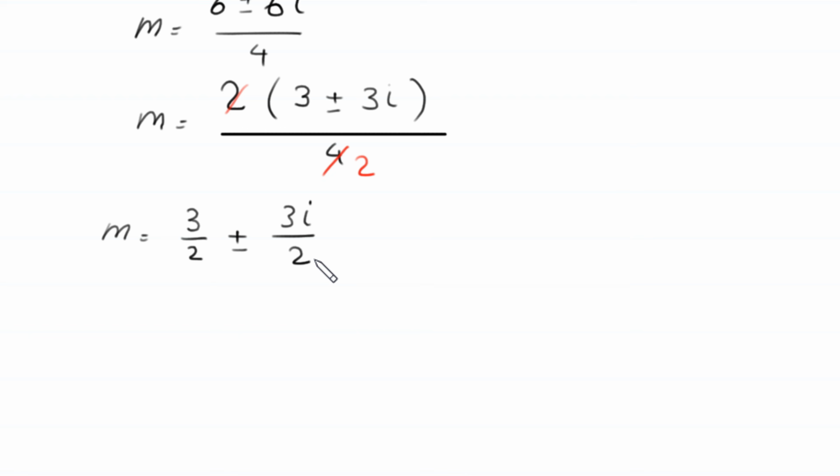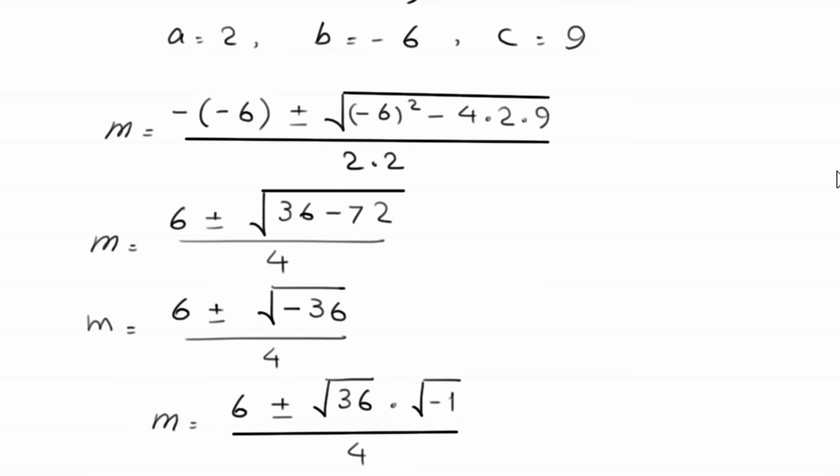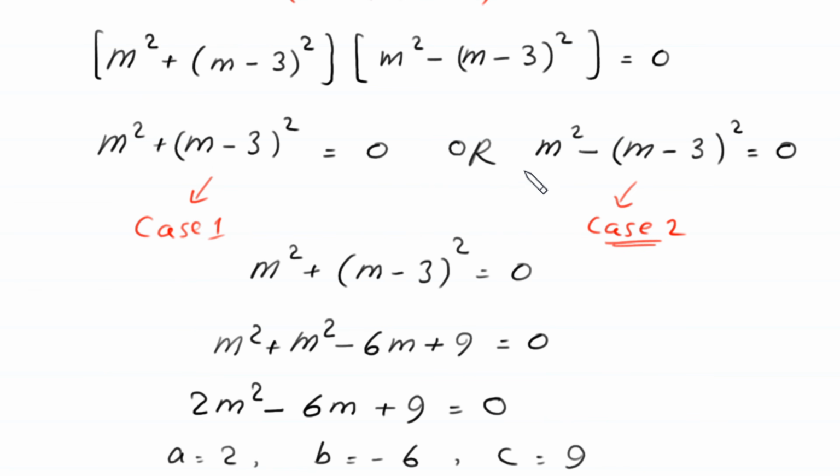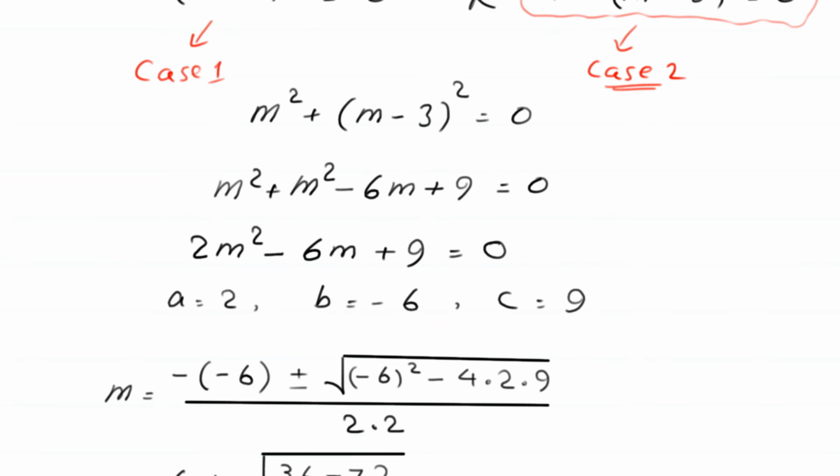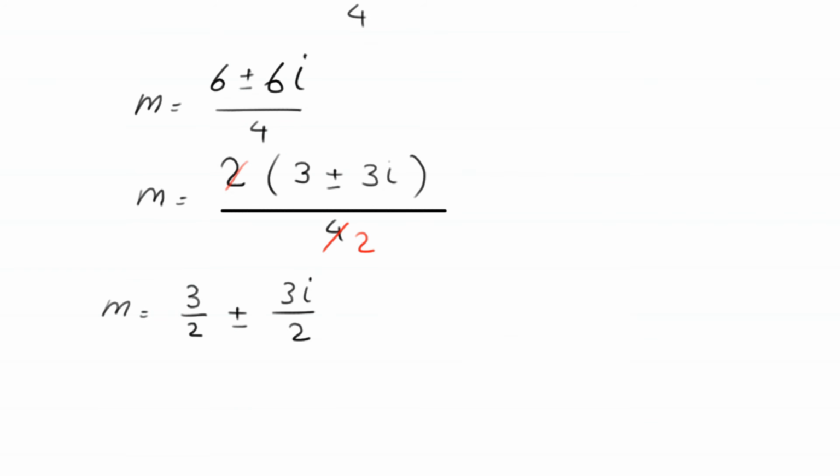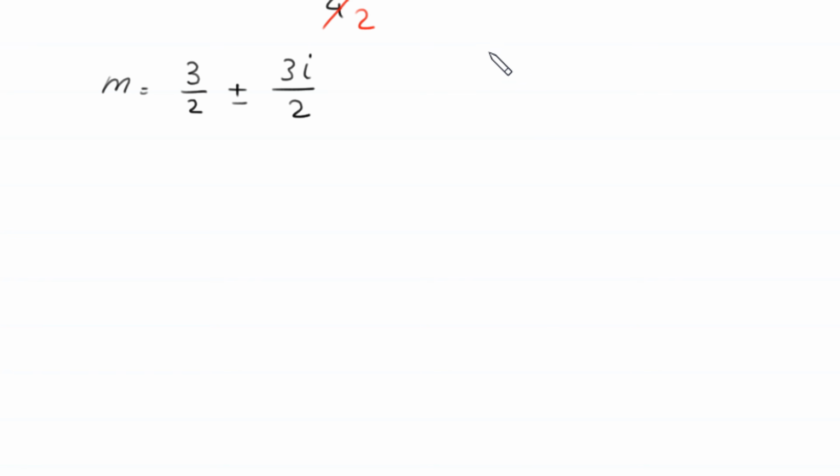Now we solve case 2. Case 2 is m^2 - (m - 3)^2 is equal to 0.